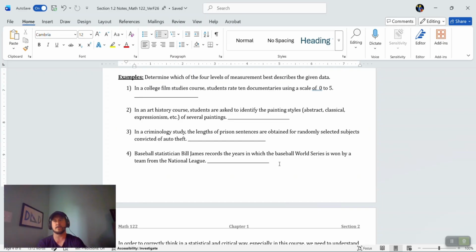So you have intervals that can be measured, but there's no natural zero, and doubling wouldn't make sense either. Doubling the year 2026 doesn't really do anything for us mathematically. It doesn't give us good math to do. So this would be considered interval.